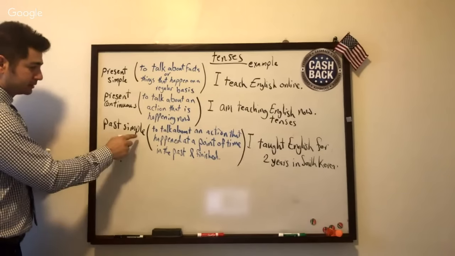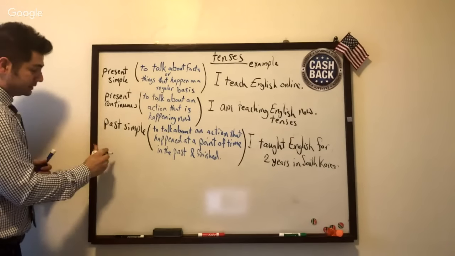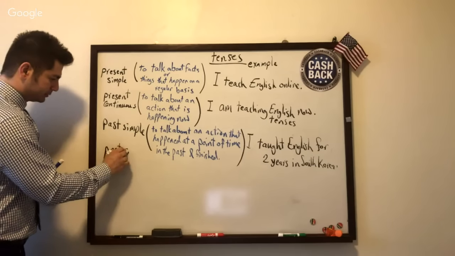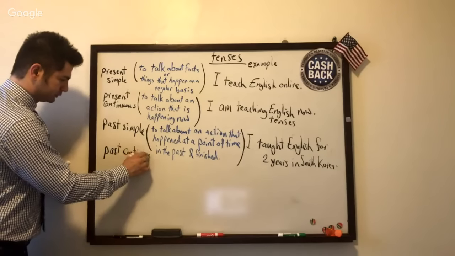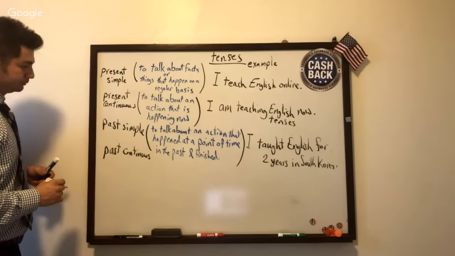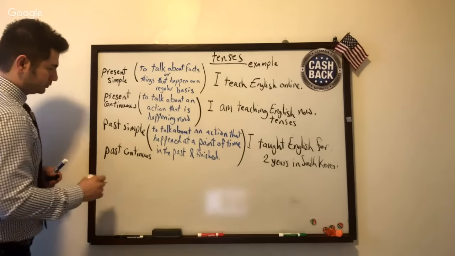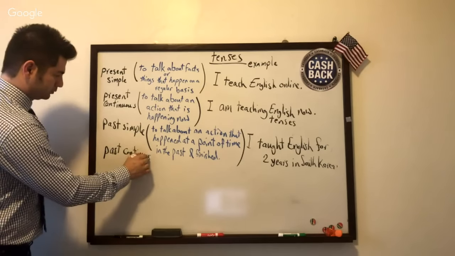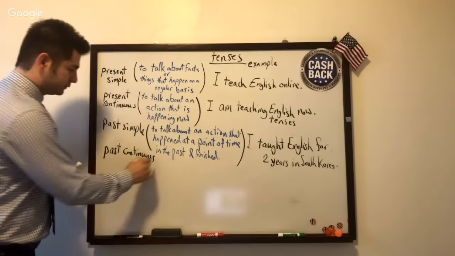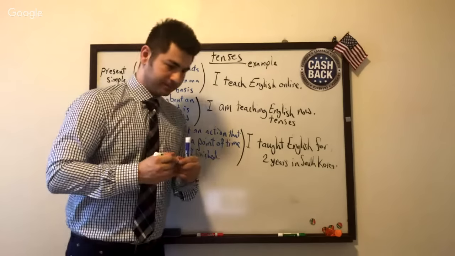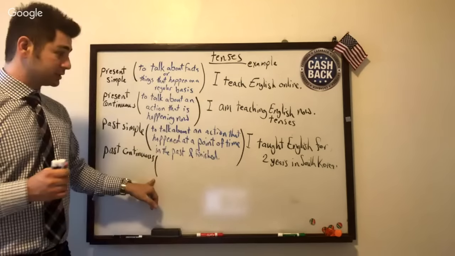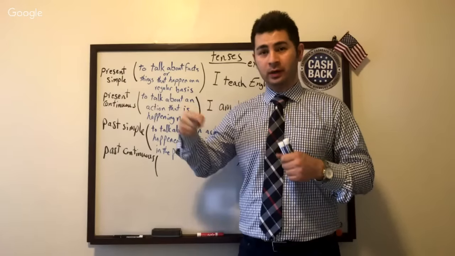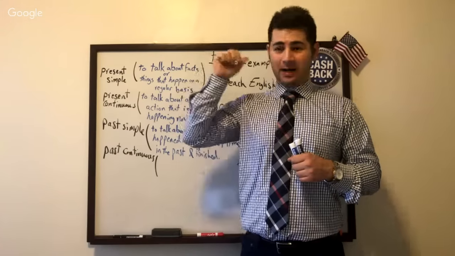past continuous. You can guess. It's tense number 4, past continuous. We use past continuous to talk about an action that was in progress at a point of time in the past.